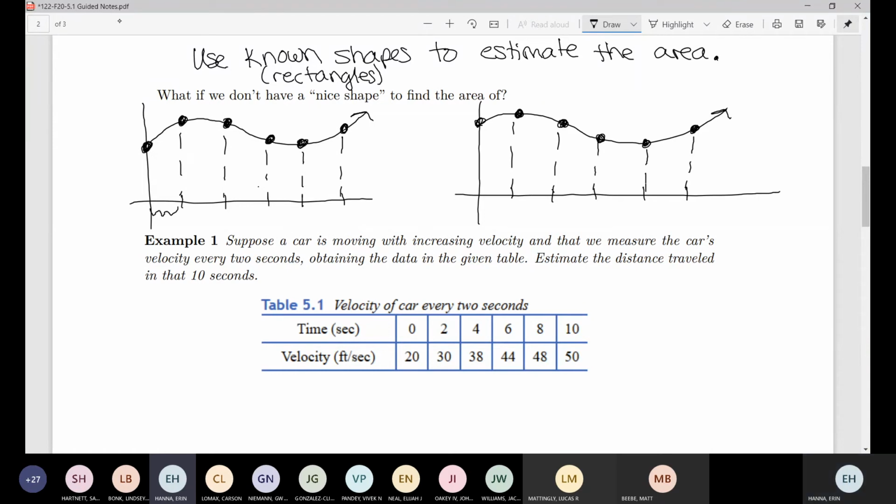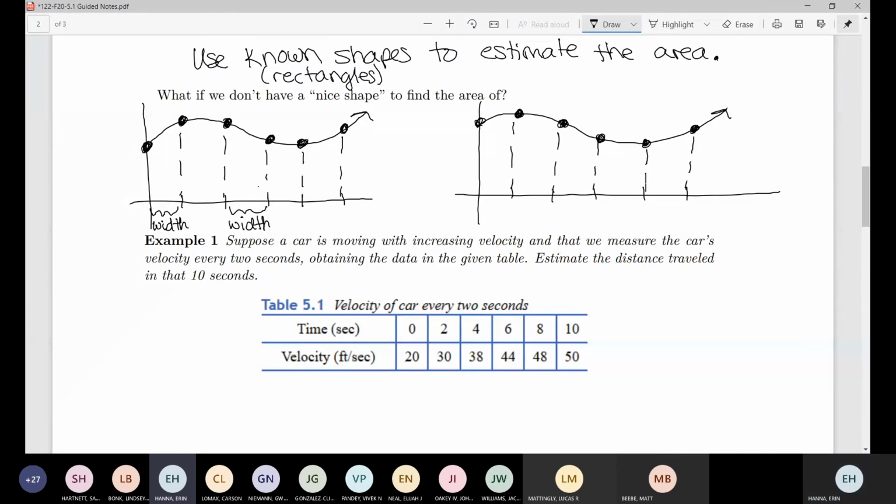I think we usually refer to these as the width. We've got some widths going on, just from how I split these up. But where am I going to find the lengths from? Well, the lengths are going to come from the height of the function, but what height of the function do I use between those two points?